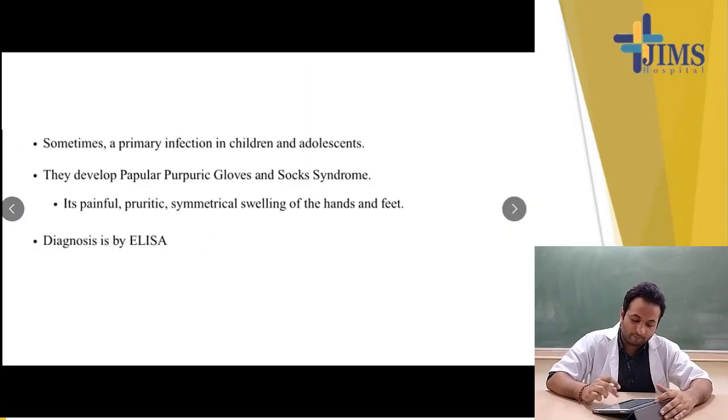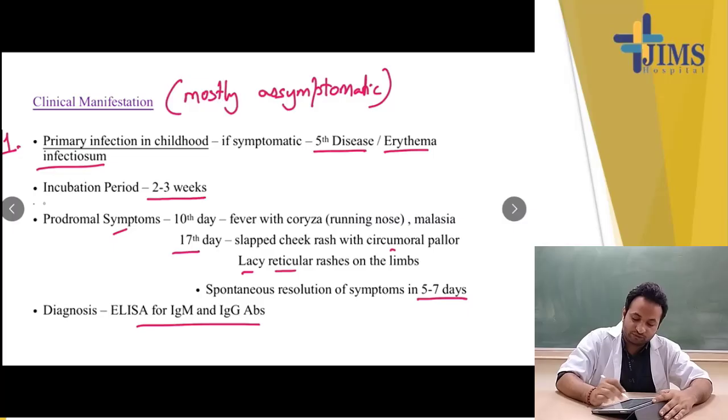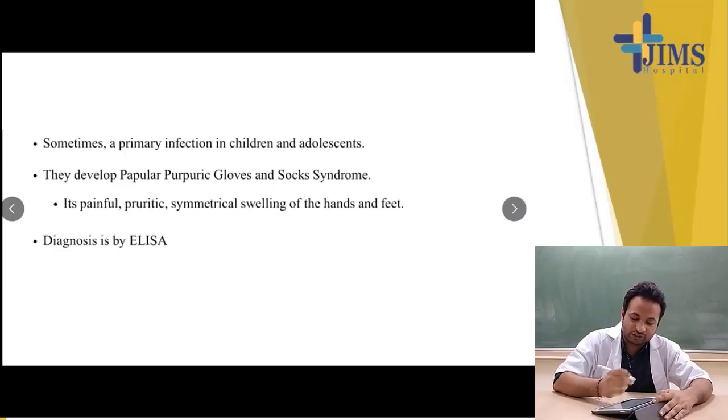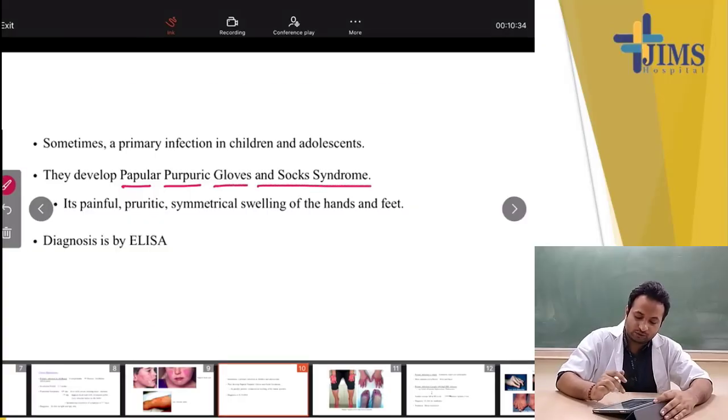Okay. Mostly in children this fifth disease occurs, but sometimes children can also get a primary infection like papular purpuric gloves and socks syndrome. This is how it looks.